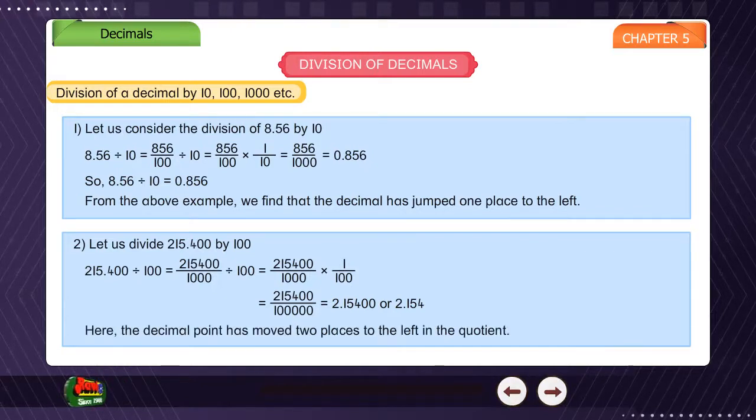Here, the decimal point has moved 2 places to the left in the quotient.